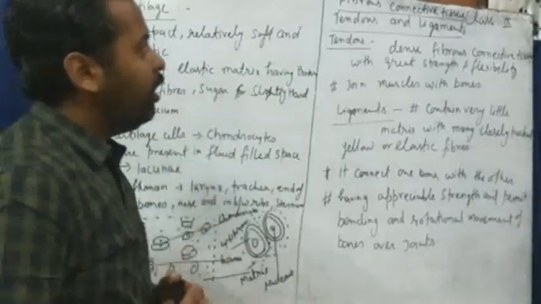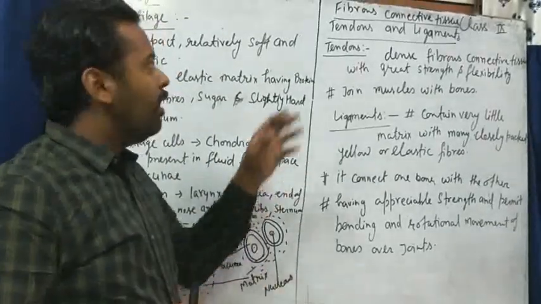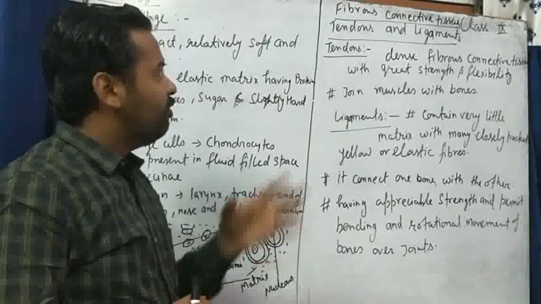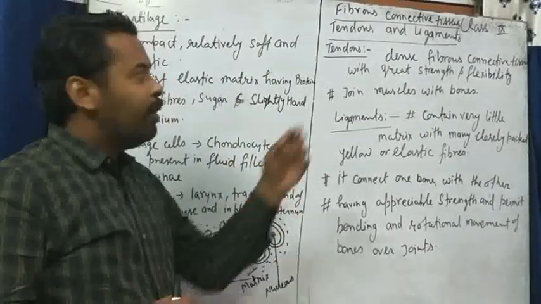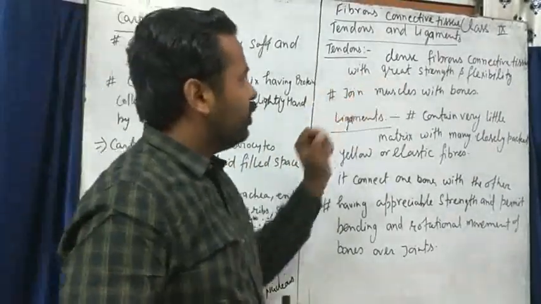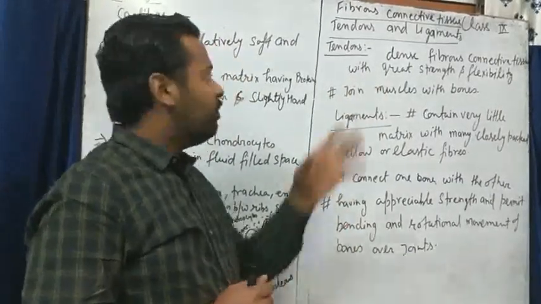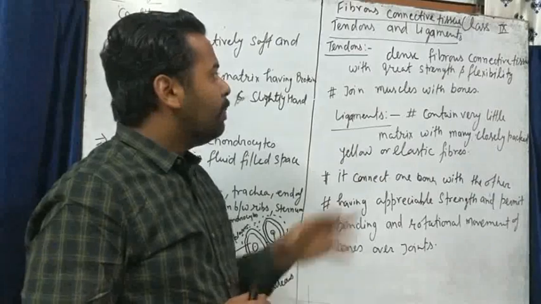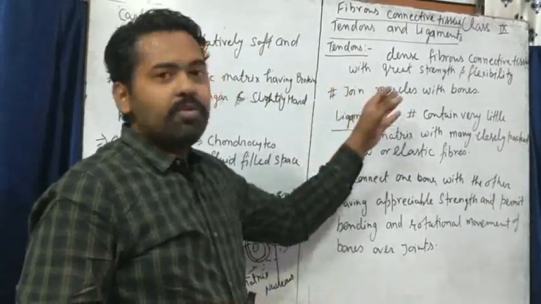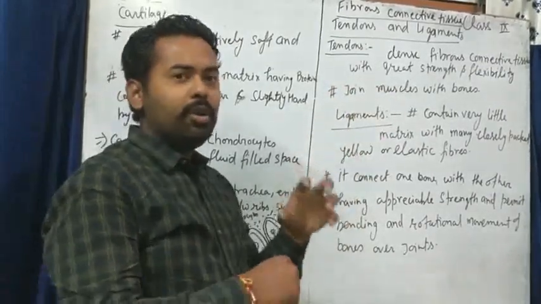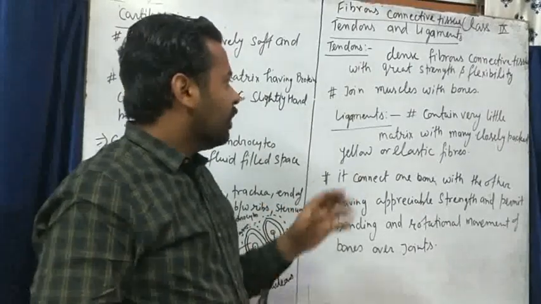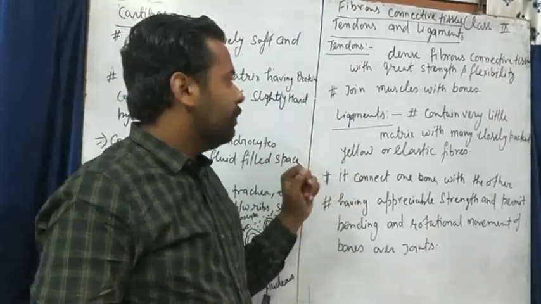Next are tendon and ligament, which are part of fibrous connective tissue. First is tendon. It is a dense fibrous connective tissue with great strength and flexibility. The function of tendons is to join muscles with the bone. It means tendons help to join muscles with our bones. Next part is ligament.